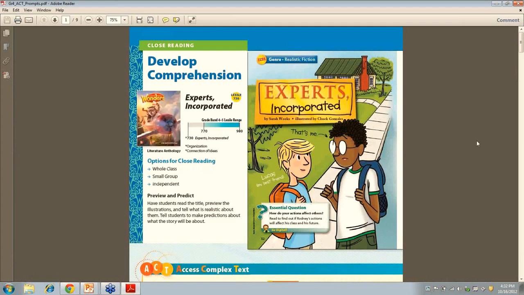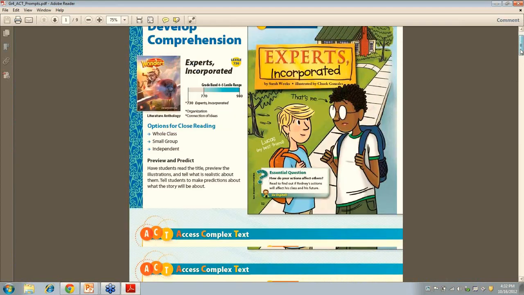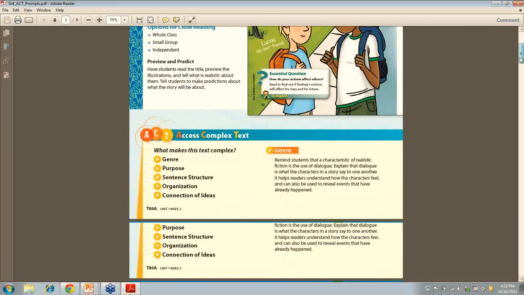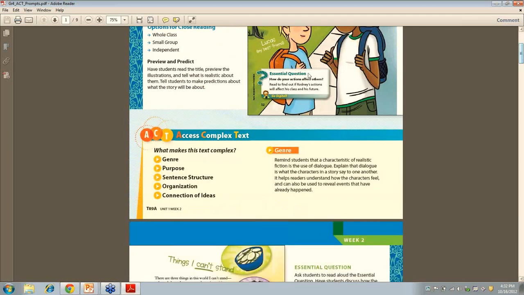So as you see here, this is the teacher's edition pages, and the teacher here at point of use has the Accessing Complex Text box, and it says here what will make text complex: genre, purpose, sentence structure, organization, connection of ideas. These are the five pieces that will make this text complex, and what to do about it along the way as we read.